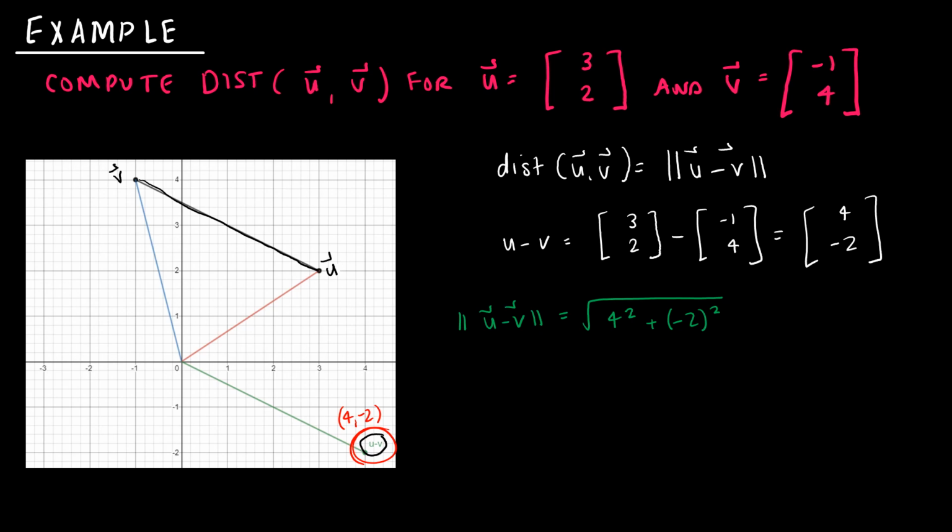So it's just kind of like the Pythagorean theorem. That gives me 16 plus 4, so the answer is radical 20, and that is both the distance from 0 to u minus v and also the distance between vectors u and v.